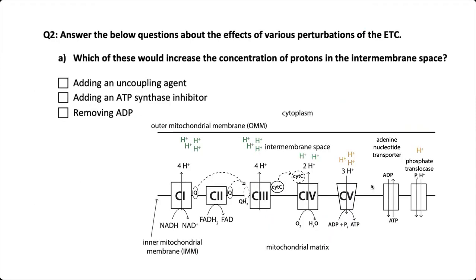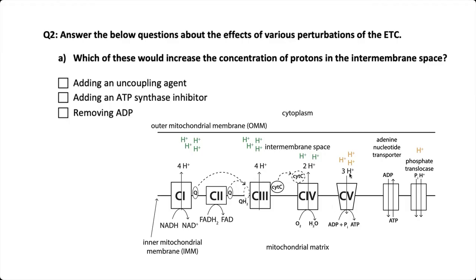Okay, what about an ATP synthase inhibitor? We're inhibiting complex 5, and we can couple this with the next one, removing ADP. ADP is a reactant for ATP synthase. So if we inhibit ATP synthase, or remove its reactant, in both cases we can't have ATP synthase going.